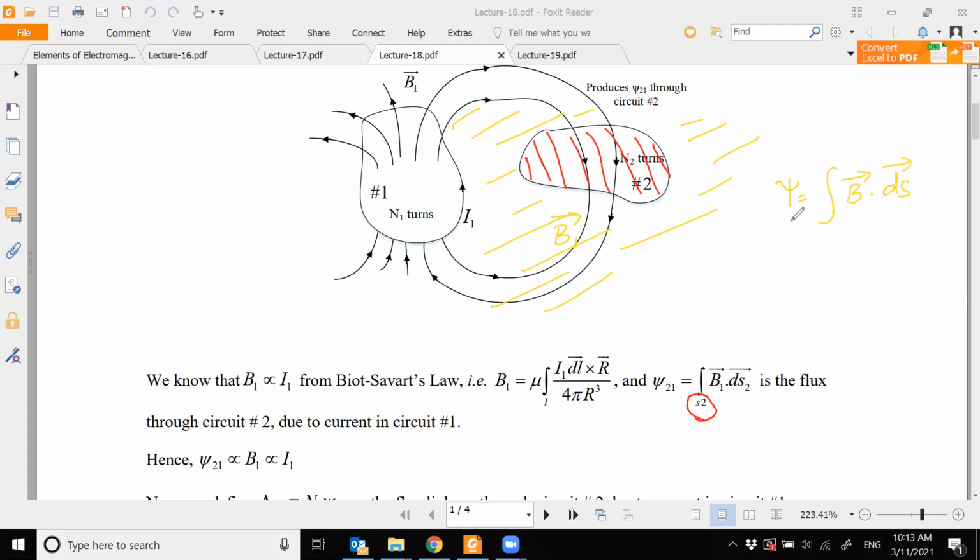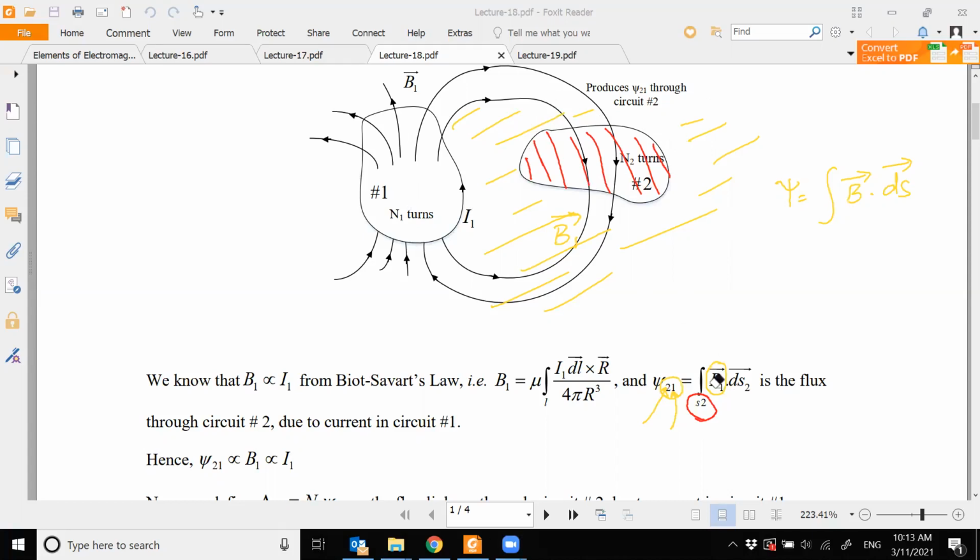So now I'm saying it as psi 21, that is flux in circuit 2 due to circuit 1, equal to the integral of the magnetic flux density in this region. And this magnetic flux density is nothing but the magnetic flux density generated by loop 1, integrated over this surface, which is the black one.